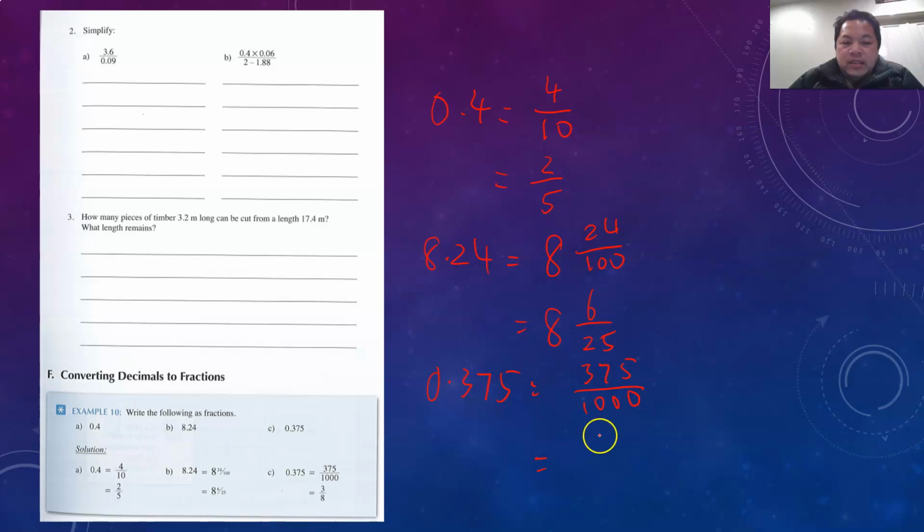We can divide by 5, you get 75 over 200, and you can divide by 25, you get 3 over 8. You get 3/8 as the answer.